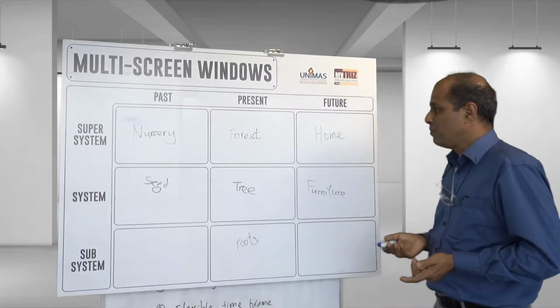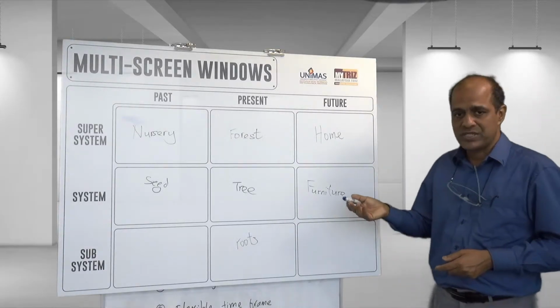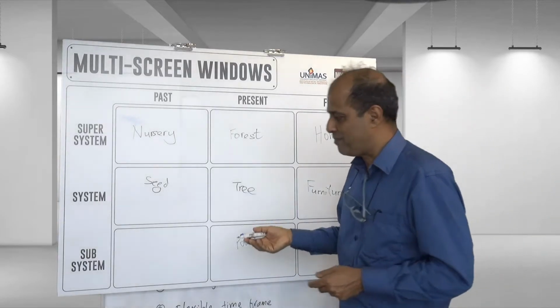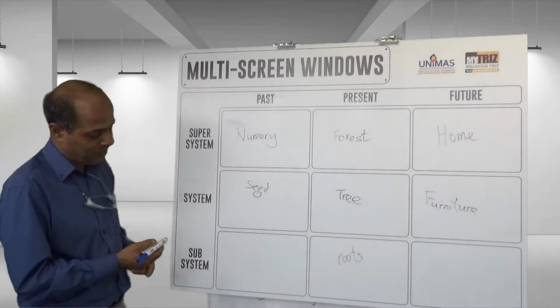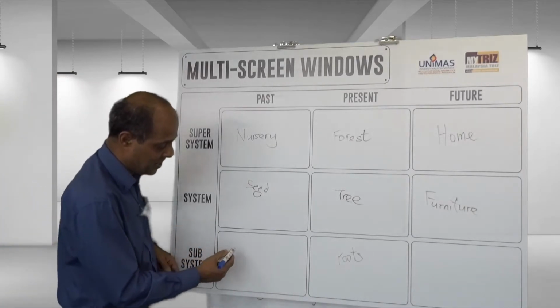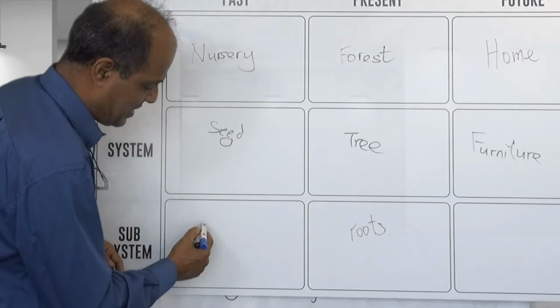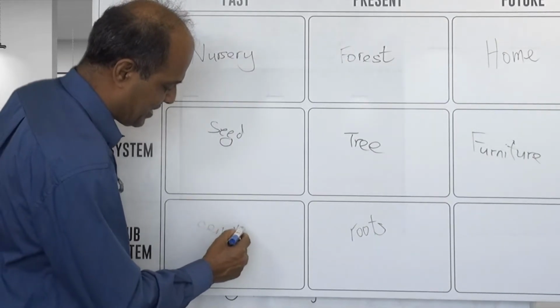If we look at the roots in the past, what would the roots have been? The roots could have been some sort of genetic representation. So it could be the genetic representation here.